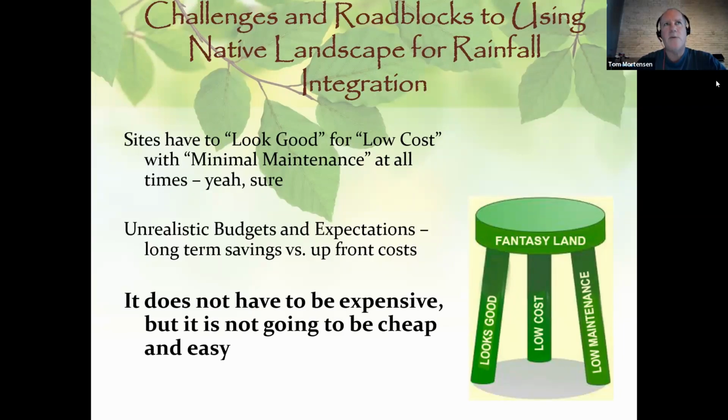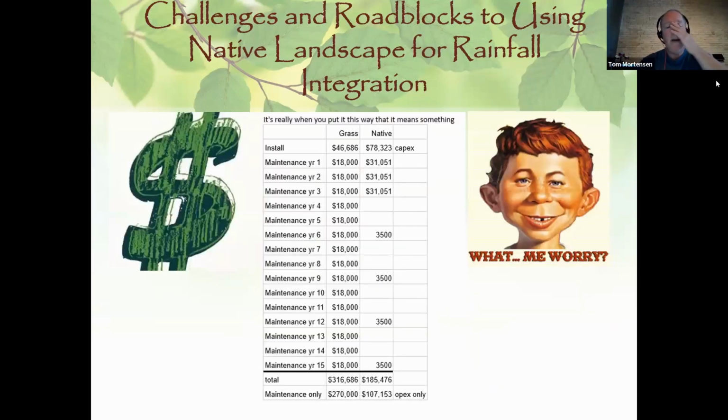So having those real conversations with people up front is really important to set expectations. Even if they don't want to integrate native landscape, but they want some sort of a bio basin, there's going to be maintenance. But is it less expensive than a lot of pipe and a big pond that's eating up a lot of real estate? Yes. It doesn't have to be expensive, but it doesn't mean it's going to be cheap and easy.